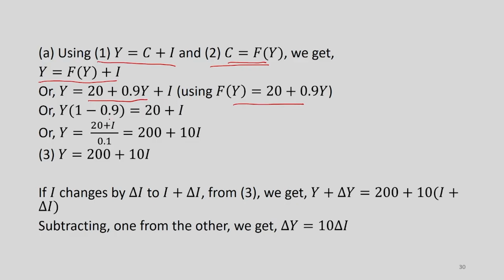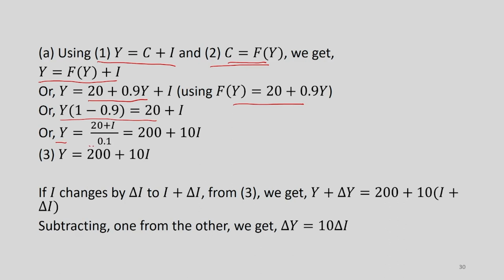I am taking all the y terms to the left hand side, and after that I get y multiplied by 1 minus 0.9 is equal to 20 plus I. So, I can divide both sides by 1 minus 0.9, which is 0.1.